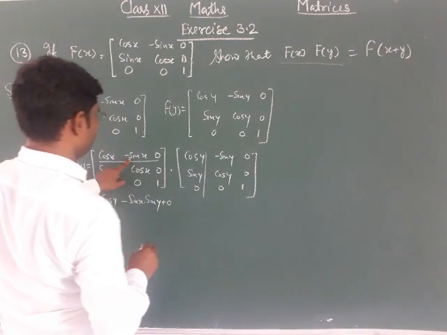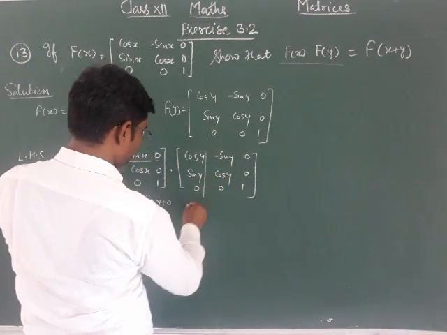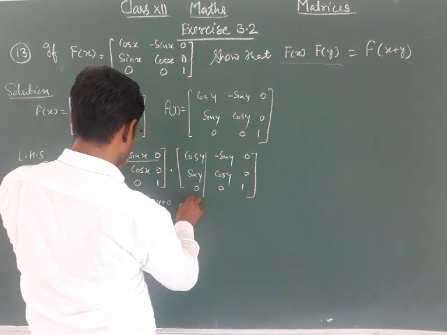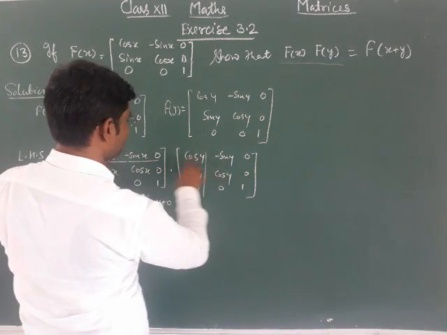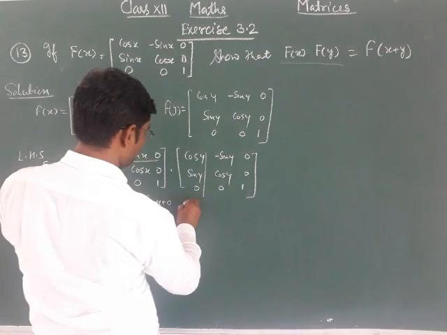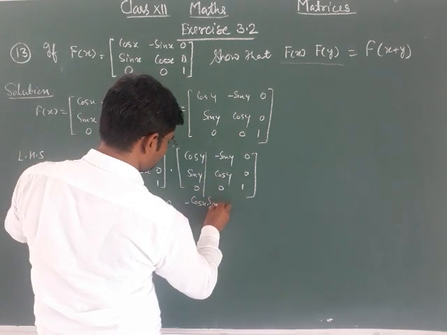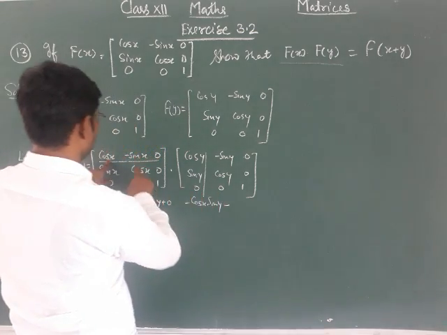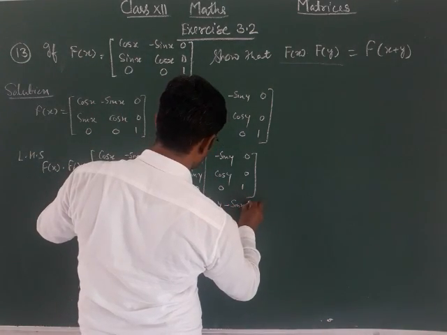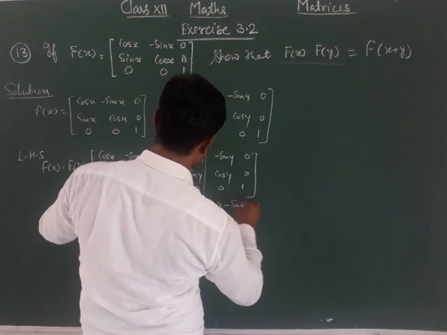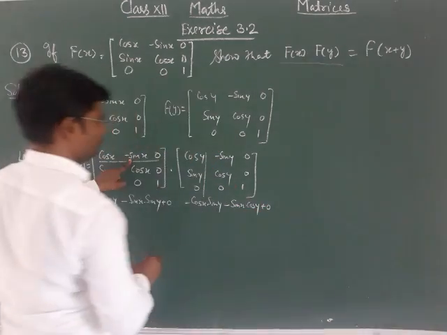And also taking the first row and second column, so cos x into minus sin y, minus sin x into cos y, and 0 into 0 plus 0.